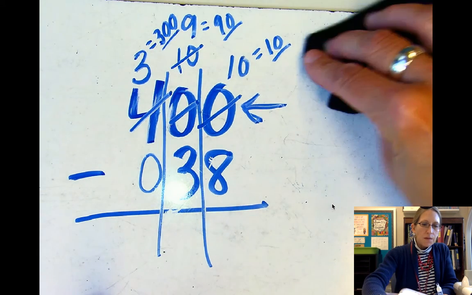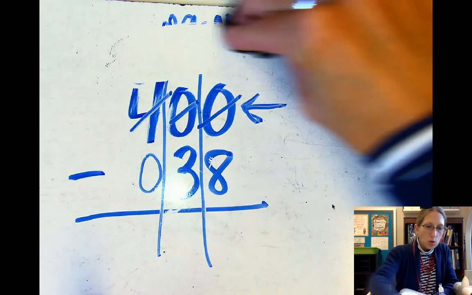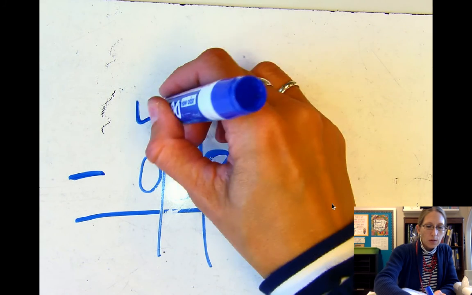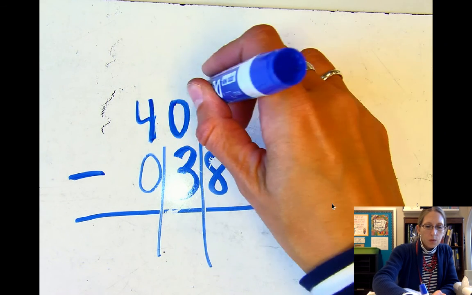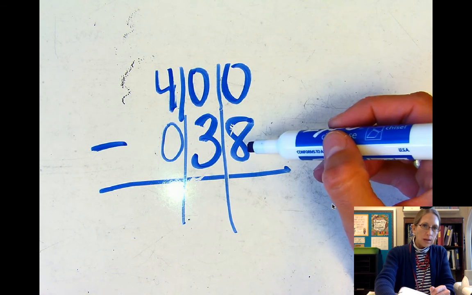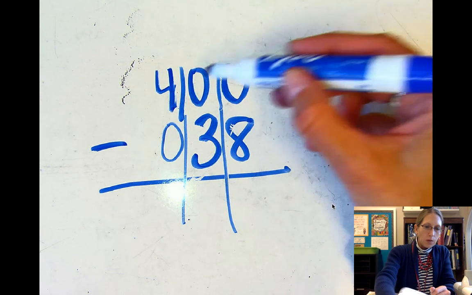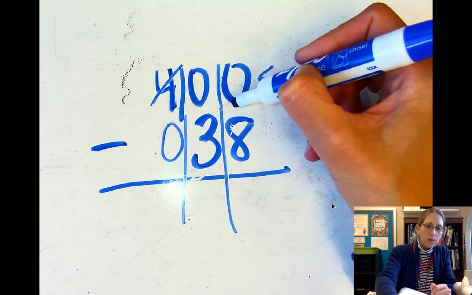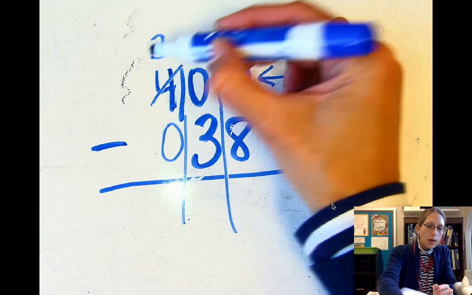Now, like I said, if it makes sense for you to kind of do the shortcut way, you can also do that. Let me show you what that would look like. So sort of the little shortcut way would be to say, well, 0 minus 8, can't do it. So I'm going to go next door. Oh, there's nothing there. So when there's two zeros like this, what I can do is I can make this a 3.